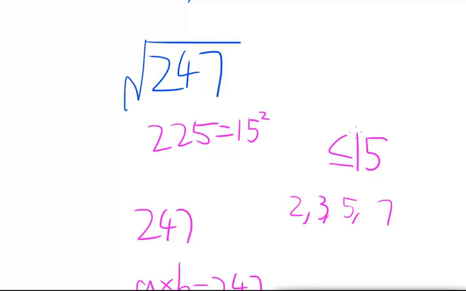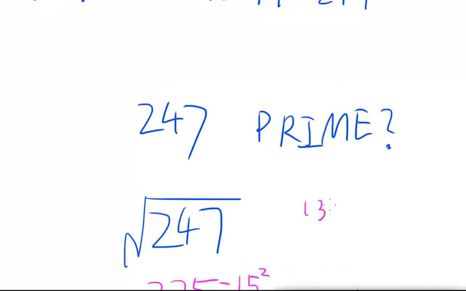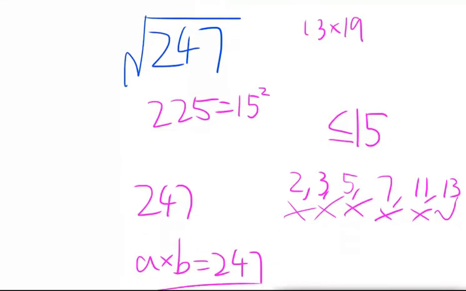But of course, 15 isn't prime, so it's 2, 3, 5, 7, 11, 13. Let's see, 2, nope. 3, nope. 5, nope. 7, nope. 11, nope. 13, oh! Yeah! 247 is 13 times 19.